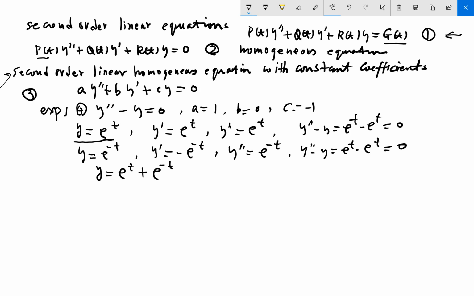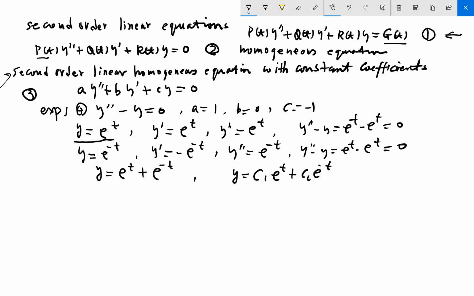In general, anything written in this form, C1 e to the t plus C2 e to the negative t, will be a solution of equation 4, with C1 and C2 arbitrary constants. So this example gives you some ideas of what to expect for the solutions of second-order linear equations.